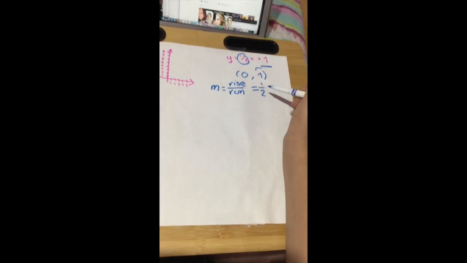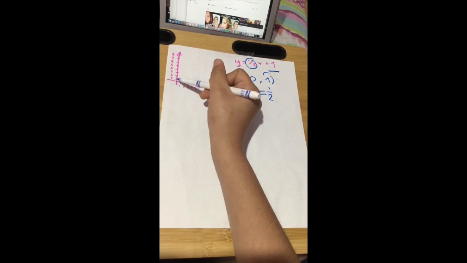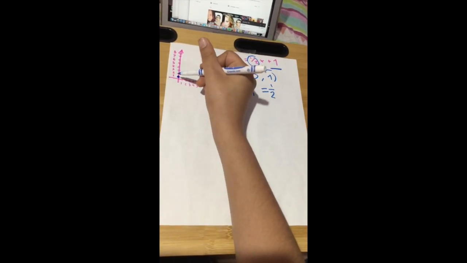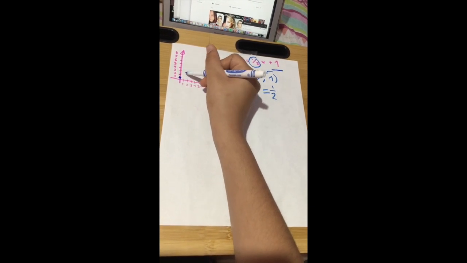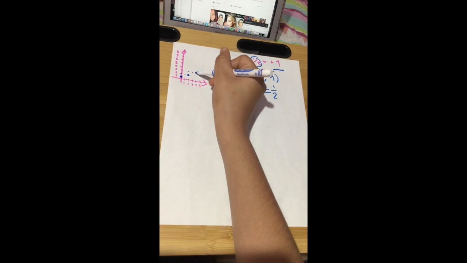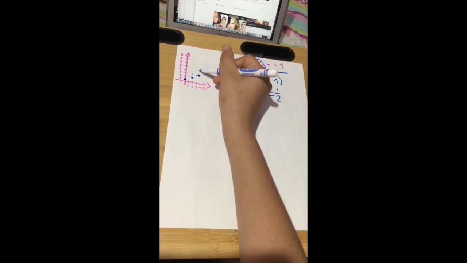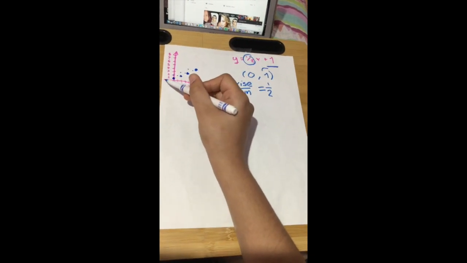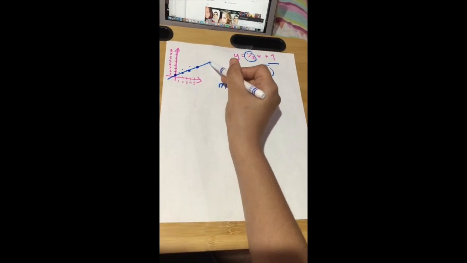After that, on the graph, we're going to place the y-intercept first, and then follow the rise and run, which is 1 up, and 2 on the side. So you're just going to go 1 up, 2 on the side, and then create a line, and that's your graph.